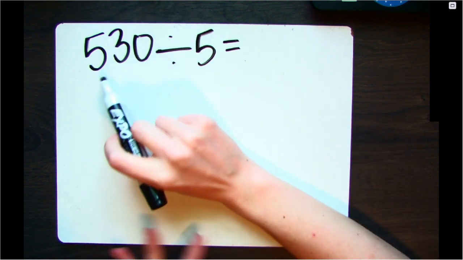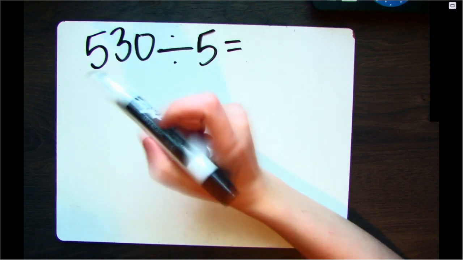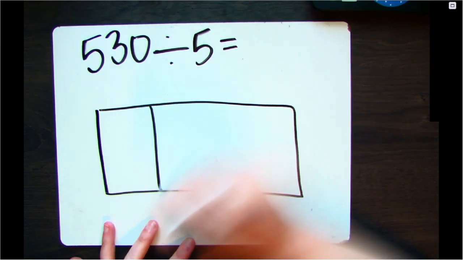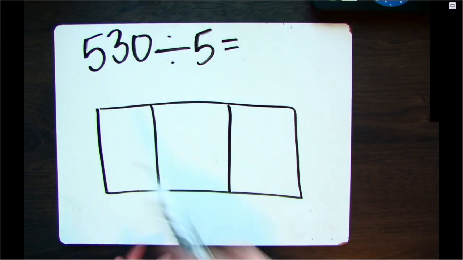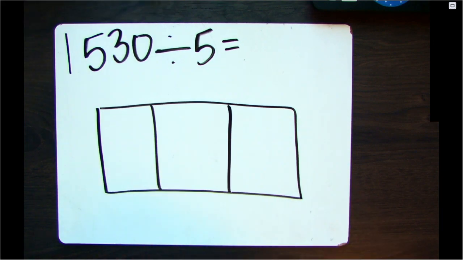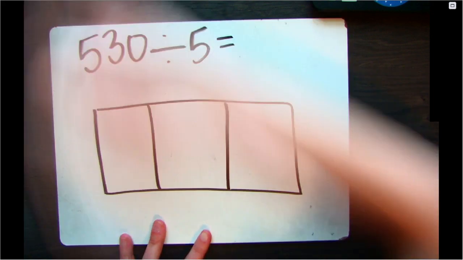All of these problems today are only going to have 3 digits. So you can just start by drawing the box that has 3 sections. If this number, let's say, for example, had a 1 here because it was 1,530, you would need another box here. But we're not going to do that.